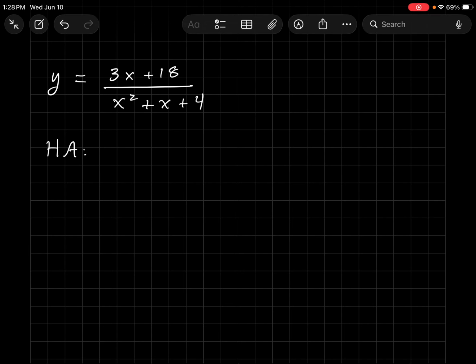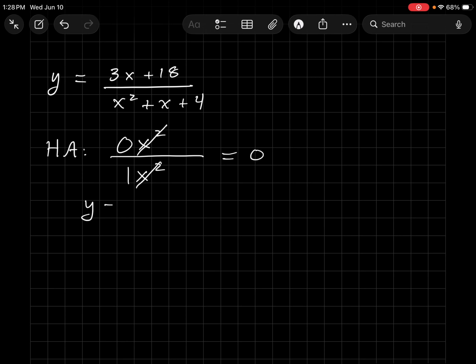Let's do our highest powers. Okay, the highest power on the bottom is x squared, and it's a 1x squared. The highest power in the numerator is x to the first, but I want to make my powers match. So the highest power, if I call it an x squared, says I have 0x squareds. Canceling out my x squareds, I get 0.